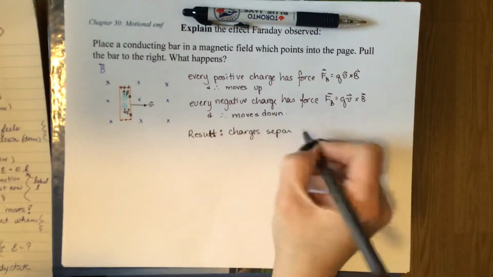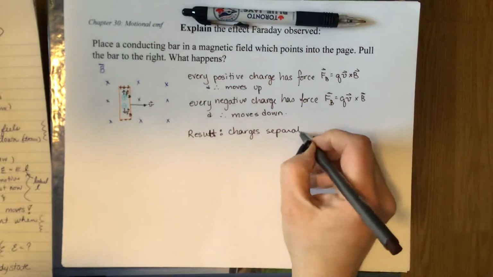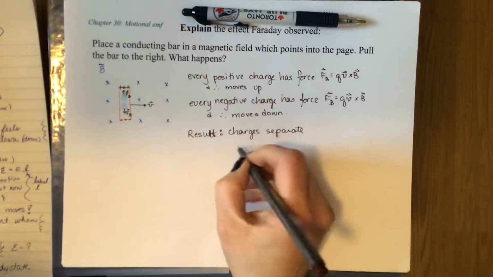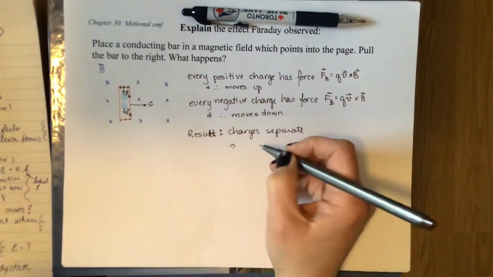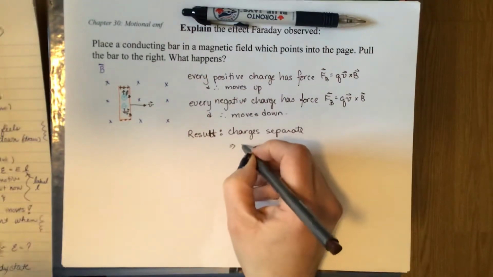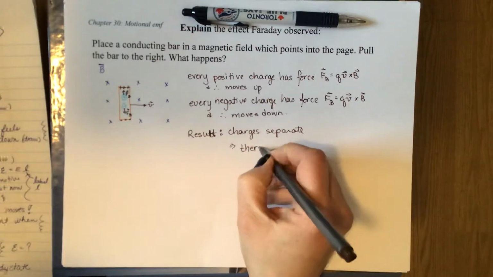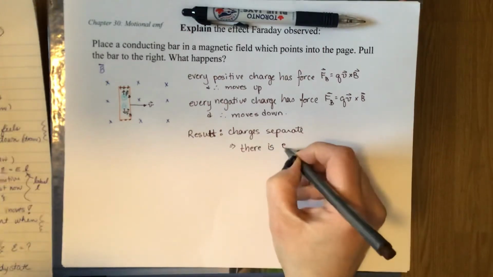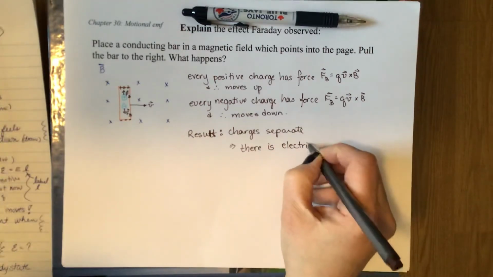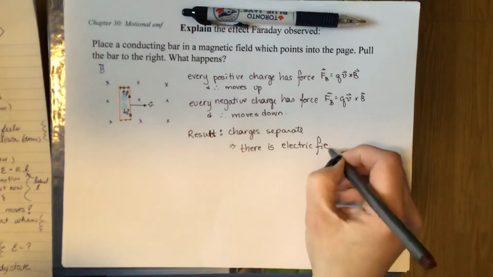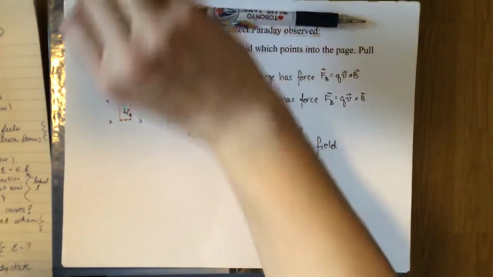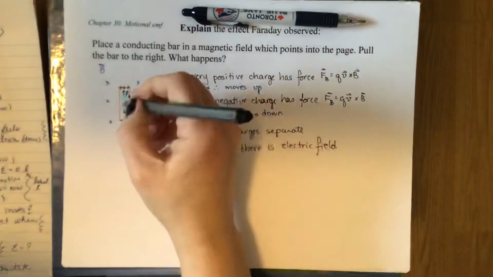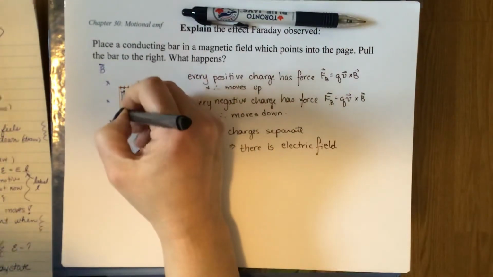So then you might ask what happens because the charges have separated. Well, if we have positive charge here and negative charge here, we get an electric field. So the electric field on our charge would point from the positive charge down towards the negative charge.